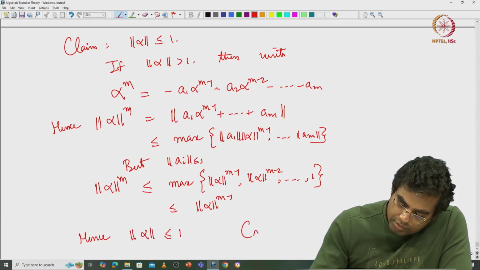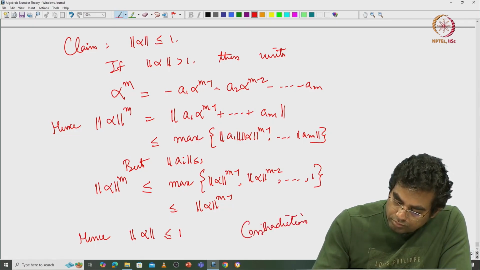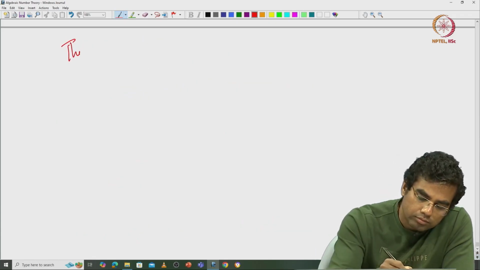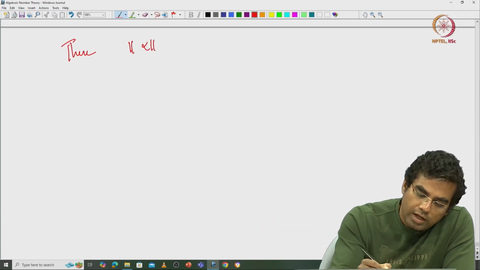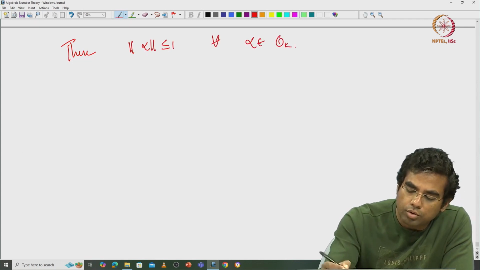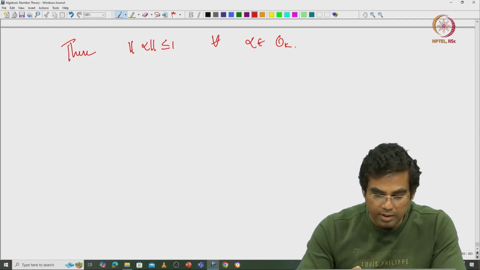That is a contradiction, right. Therefore, valuation of alpha is less than or equal to 1 for all alpha in OK. That is what we proved, right.